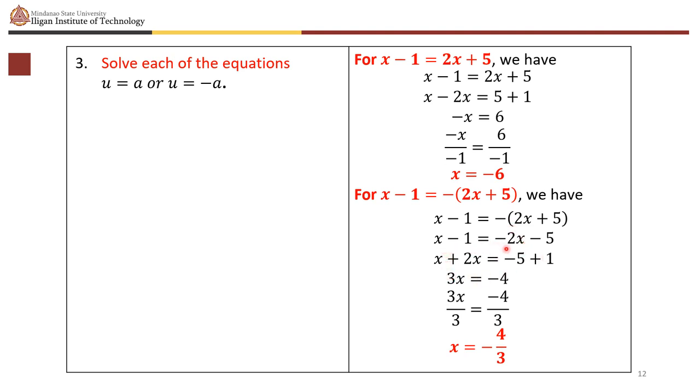Then x minus 2x here, so it becomes plus 2x on the other side. Then minus 5, then we have minus 1, so it becomes plus 1 here. So 3x equals minus 4. 3x divided by 3, so we also divide the other side by 3. We come up therefore with x equals minus 4/3.